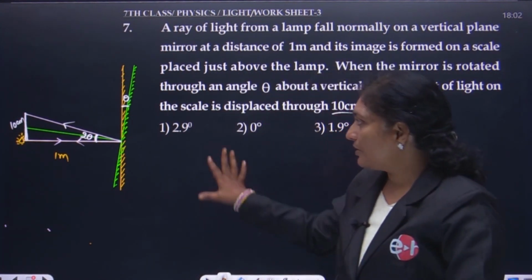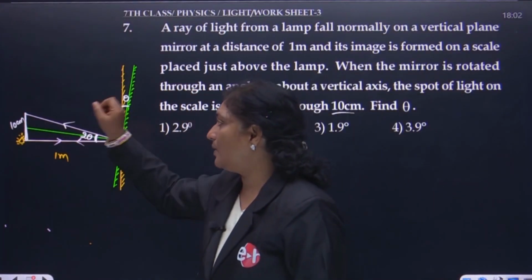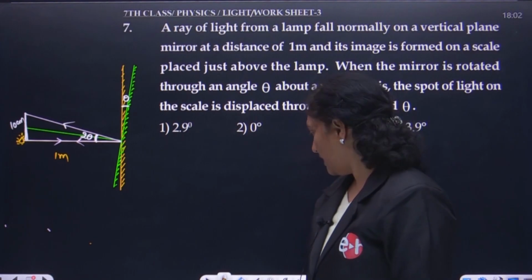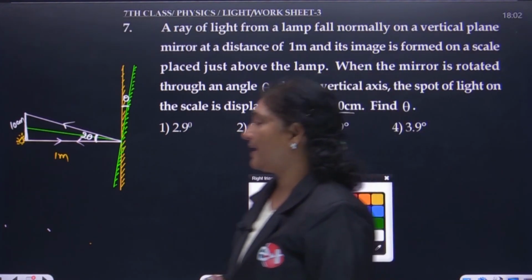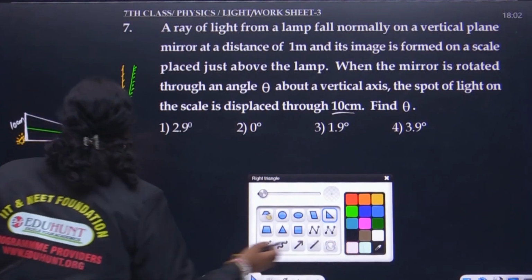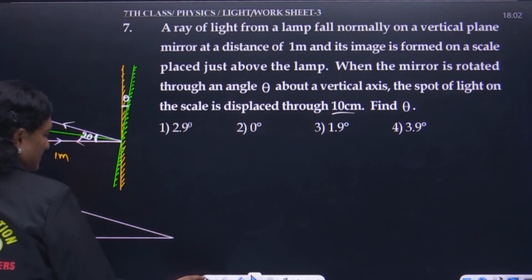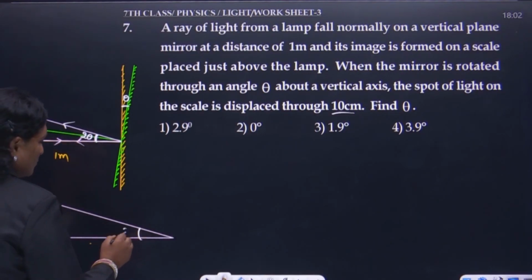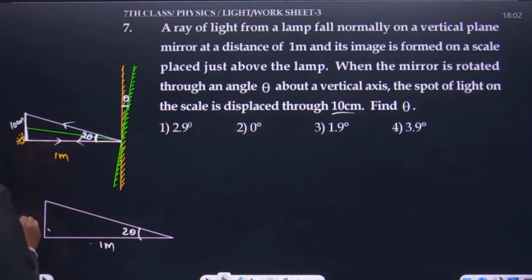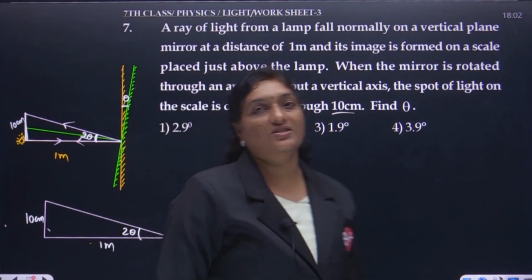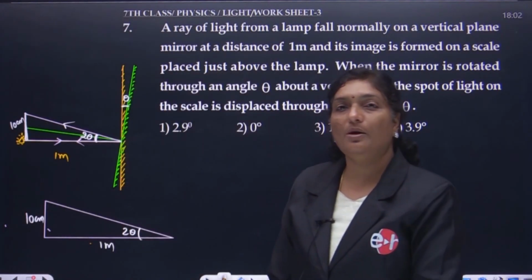So, what you can observe is a right angle triangle in the figure. So, focusing on that right angle triangle as shown in the figure, let us look at the right angle triangle, something like this. Here the angle was given as 2 theta. This distance was given as 1 meter and this distance was given as 10 centimeters. In a right angle triangle, we can see 2 sides and 1 angle are known: the opposite side as well as the adjacent side. When the opposite side and adjacent side are known, which trigonometric function do you have to take, children?